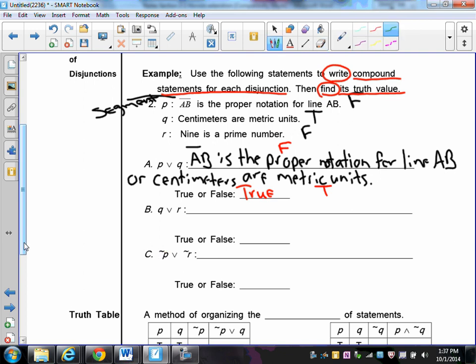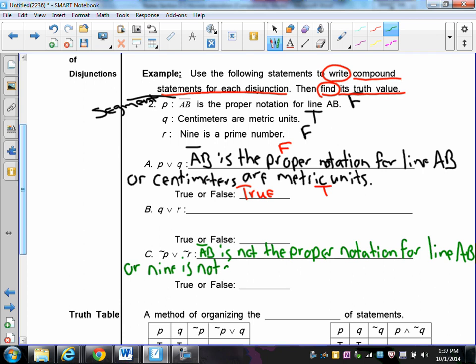So we have not P. We would have segment AB is not the proper notation for line AB, or 9 is not a prime number.